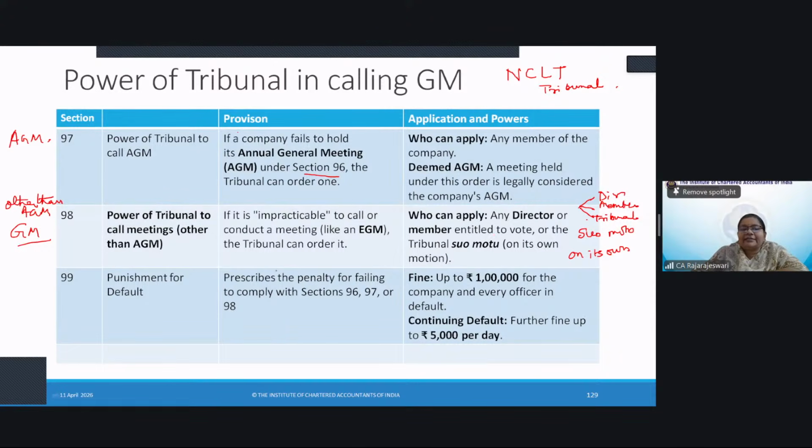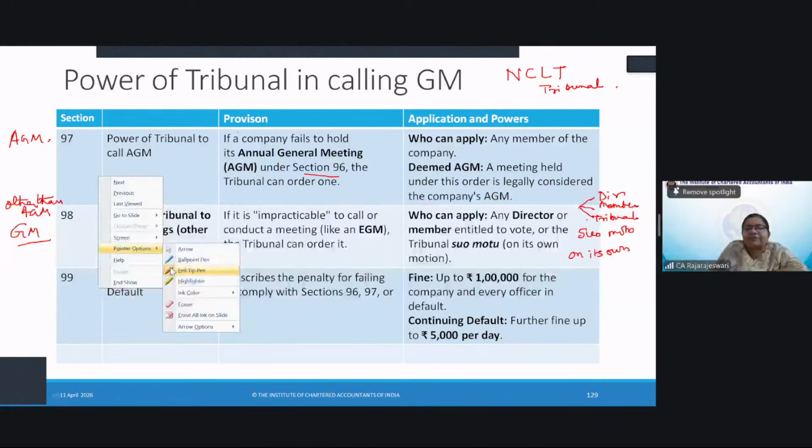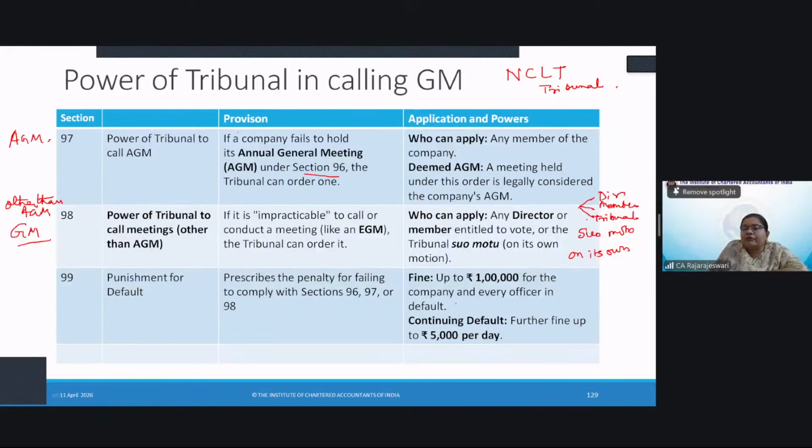Now section 99 talks about punishment for failure to comply with the provisions for holding the meeting. There the punishment is up to 1 lakh. Up to 1 lakh means the maximum is 1 lakh. And for continuing default, a further fine of 5,000 per day.